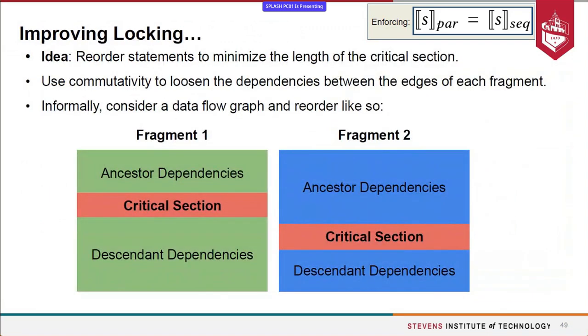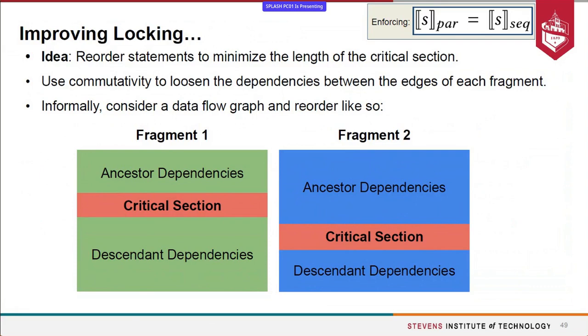However, we present a slightly more sophisticated method where, since we have this commutativity condition that we can assume is true and leads to commutativity between the two fragments, we can weaken some of the data dependencies that would otherwise occur from the first fragment to the second fragment.